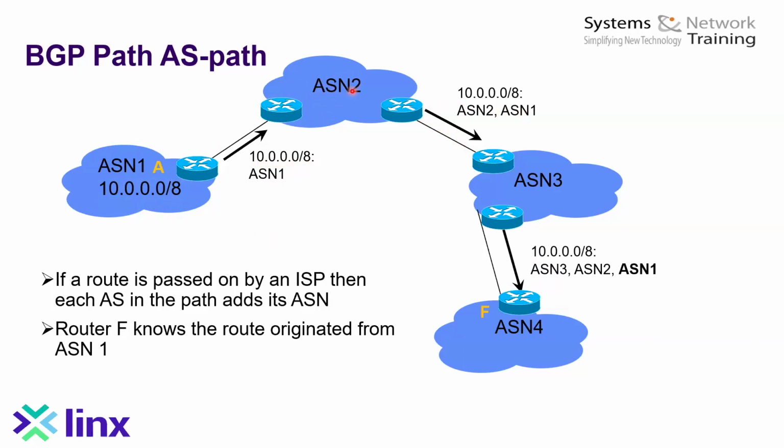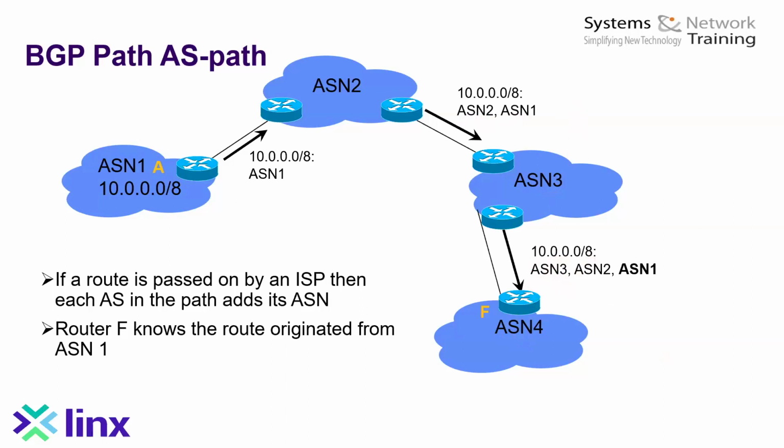And then if you're ASN2 and you pass that route on to, let's say, ASN3, then you add your ASN number in here as well. So the original ASN is sent out with the update, and you send your ASN as well to say that you're passing that route on. And then if ASN3 receives that route and wants to pass it on to router F here in ASN4, they do the same. They pass the prefix on and add their ASN3 down here.